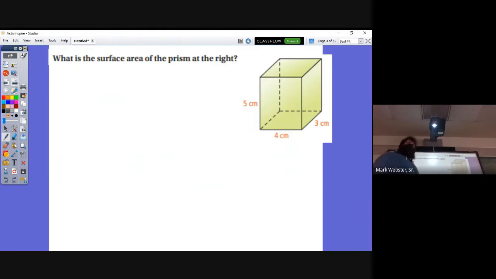In this book, they refer to that as a net. So if you see the word net in your problem, it just means I'm taking this box, cutting it up and laying it flat.